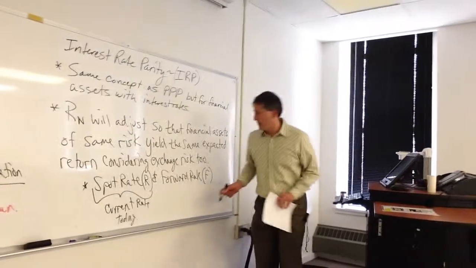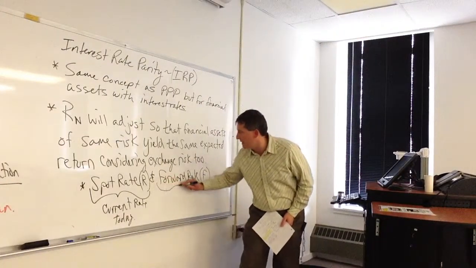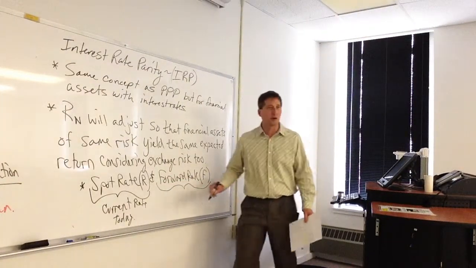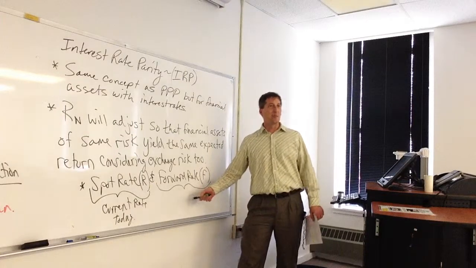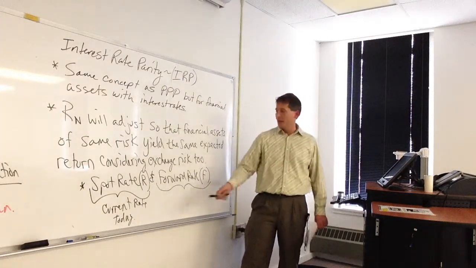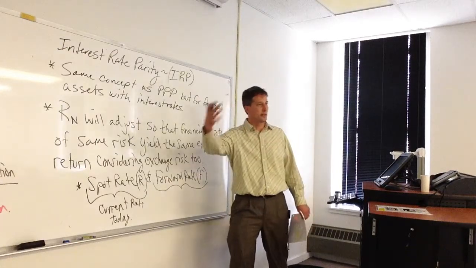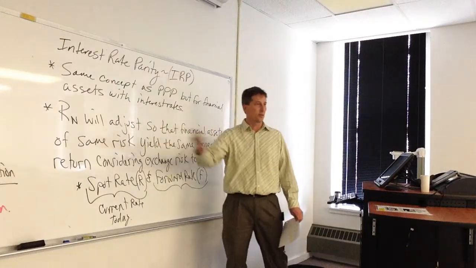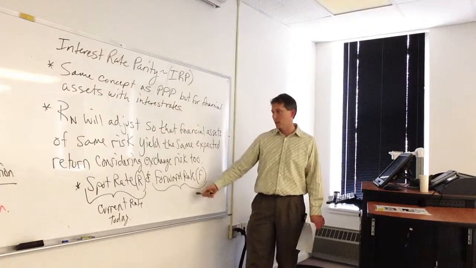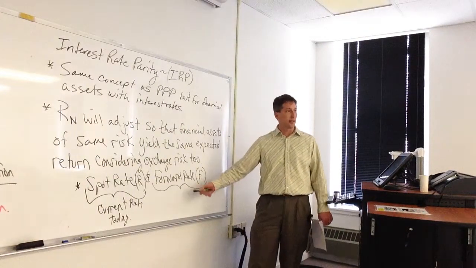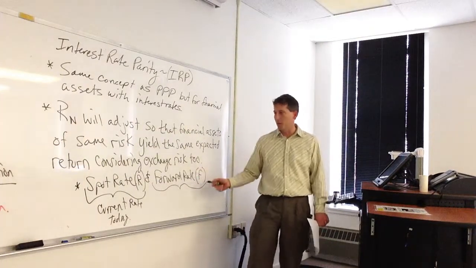Now, there are people out there that are willing to bet. This is the gambling part of Wall Street. They're willing to bet on what they think the exchange rate's going to be 30, 60, 90, 180 days from today. They're willing to put money down because they think they know what it's going to be, and that's the forward rate.